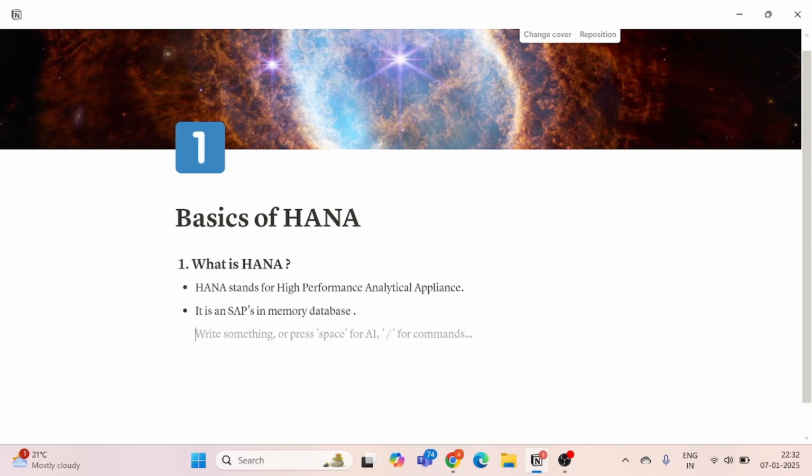So the question arises, what is an in-memory database? An in-memory database is a database that stores the data in the computer's main memory, like RAM, instead of the hard disk.